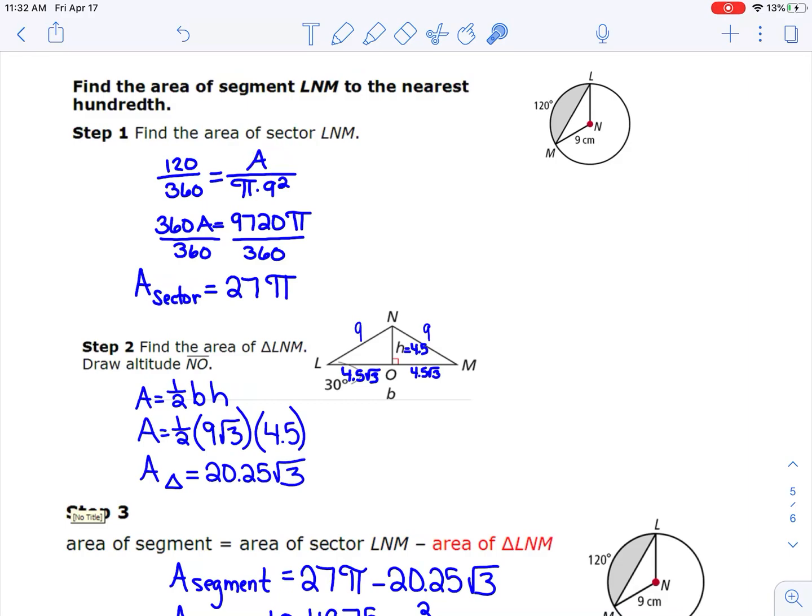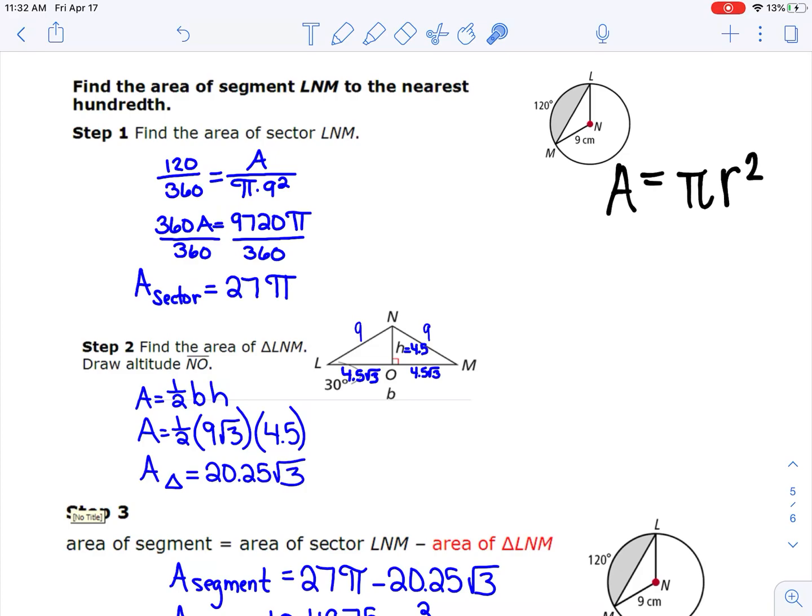We set that equal to A to represent the area of sector LNM over the area of our circle. Recall that the area of a circle we can find by taking pi times our radius squared. So in this case, our radius is 9, so we would say pi times 9 squared.